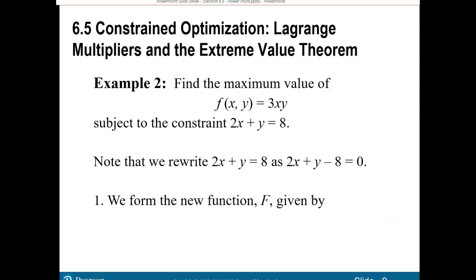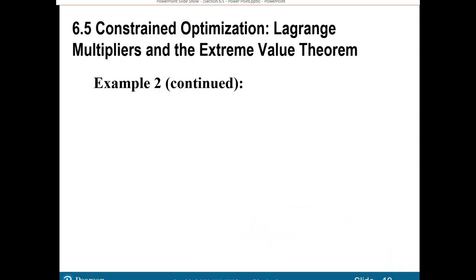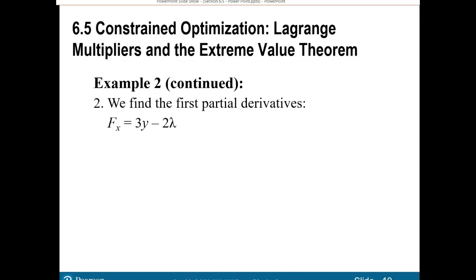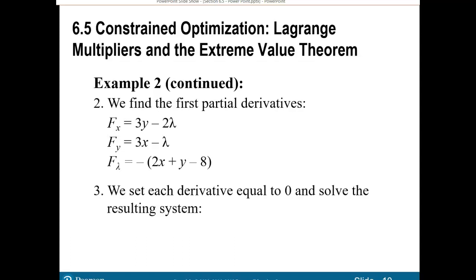Form our function, capital F. F of x, y, lambda is the f of xy function minus lambda times the constraint, g. Find your first partials. Partial with respect to x, 3y minus 2 lambda. The partial with respect to y, 3x minus lambda. And the partial with respect to lambda, negative of 2x plus y minus 8. Set each of those equal to 0, solve the system.